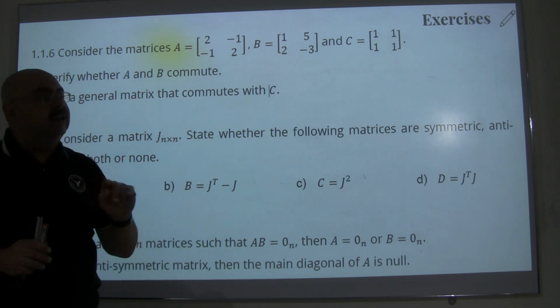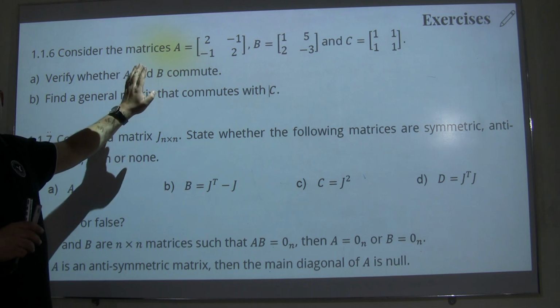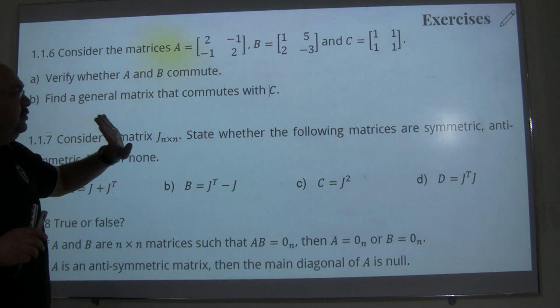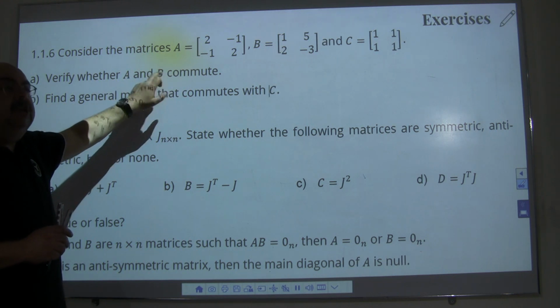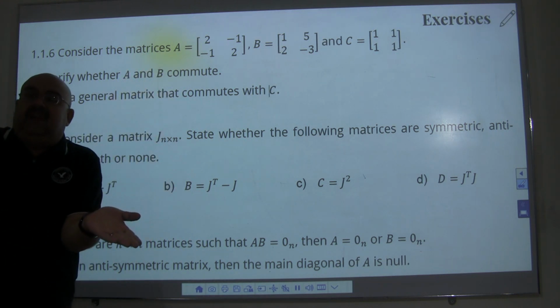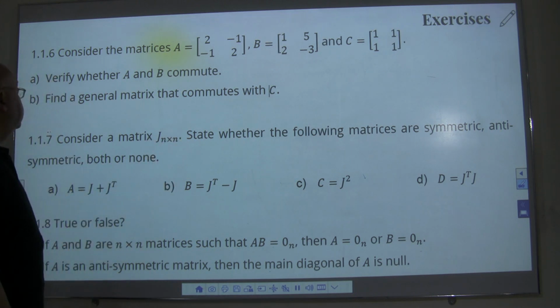But it says in this specific case maybe they commute. So all you have to do is multiply A times B, then multiply B times A and see if they are identical or not. If they are identical, equal to each other, then they commute.